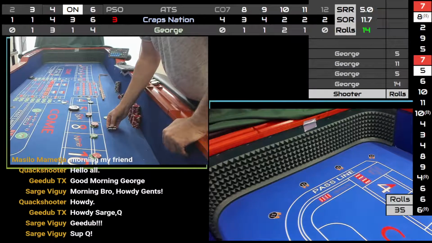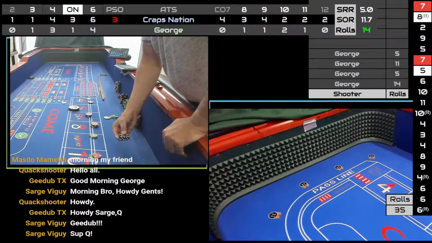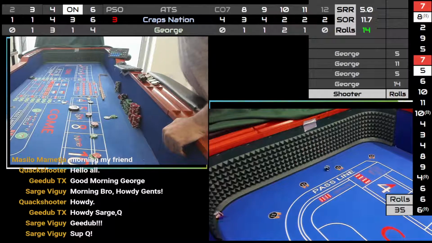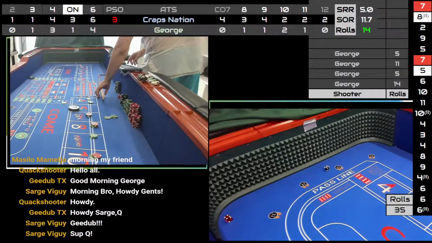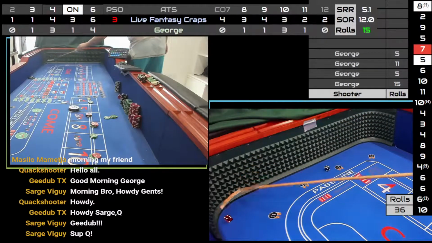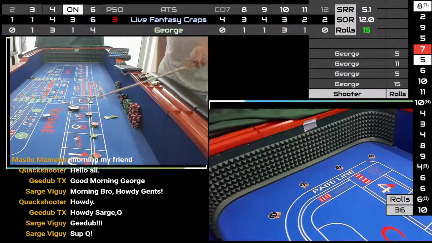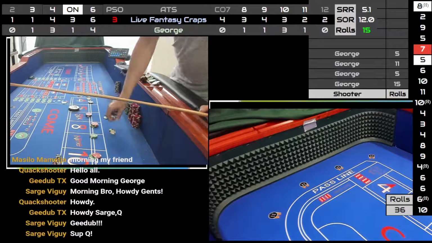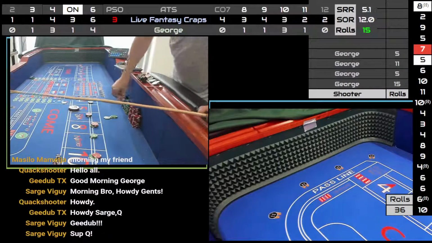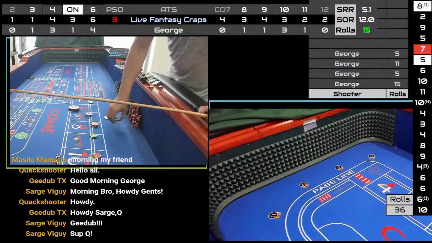Dice up. 2, 6, 2, 6. Bit too tall. 6, 4, 10. Over 10 for 30. For 1 we get 60. Sorry.